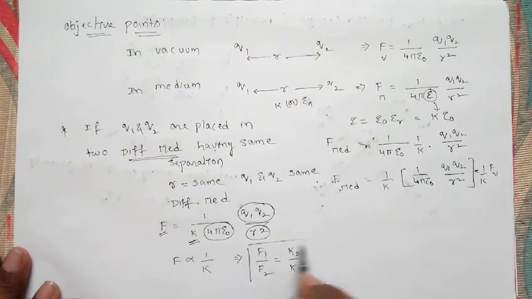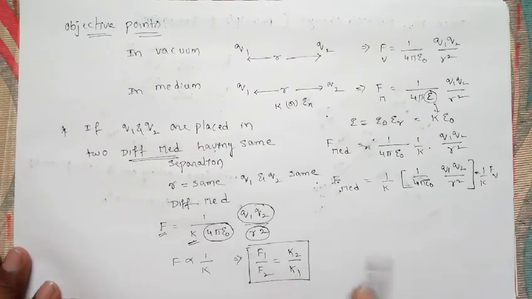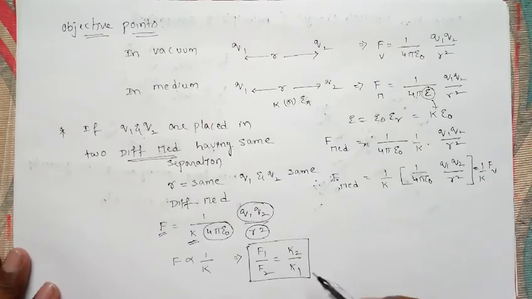So this is the thing you can understand: if two different mediums are there, the ratio of forces is K2 by K1.